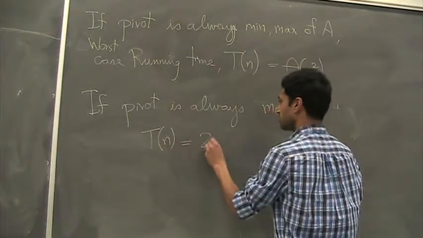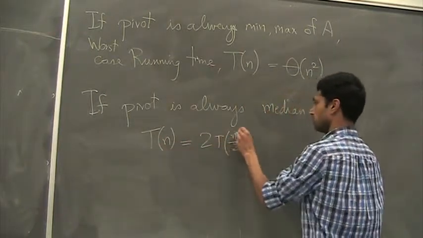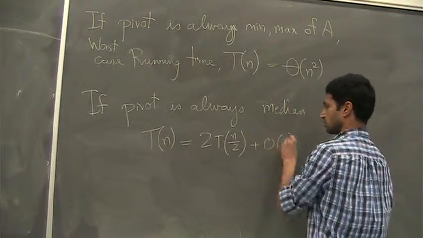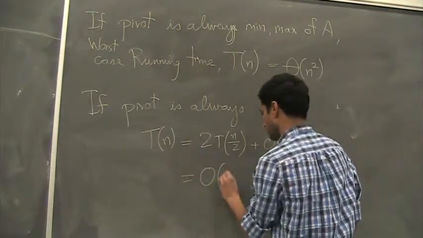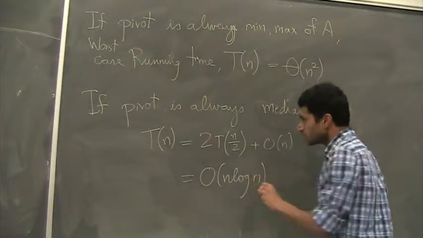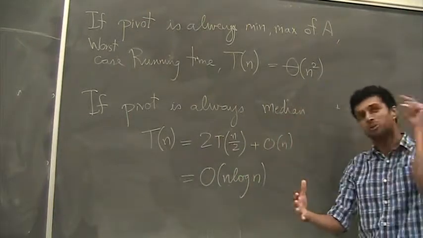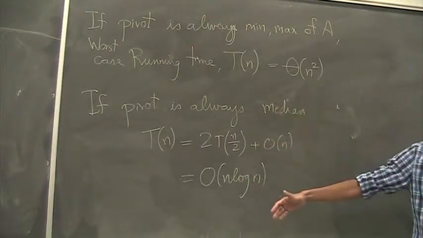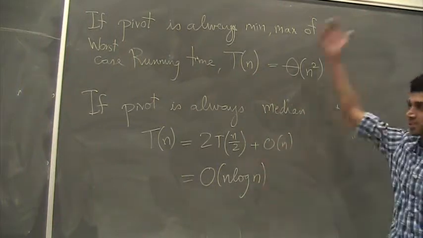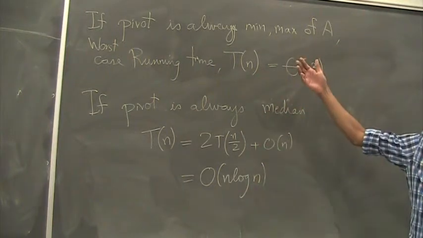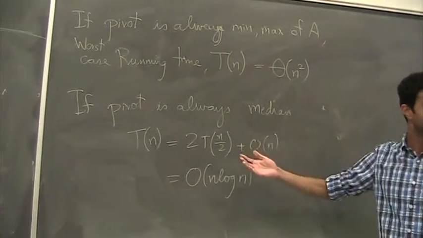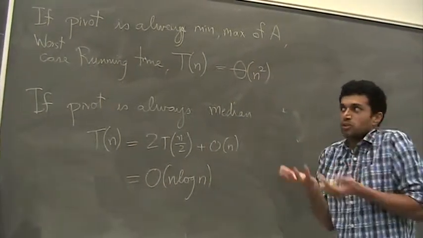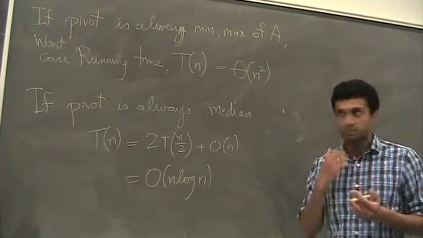You'll get T of n is 2 T of n over 2 plus O of n, and this is O of n log n. Right? So if it was lucky enough to always pick the middle element, then you get the right behavior. And what happens is something in between. And every time you run it, you get something different. Right? And so this is a randomized algorithm.